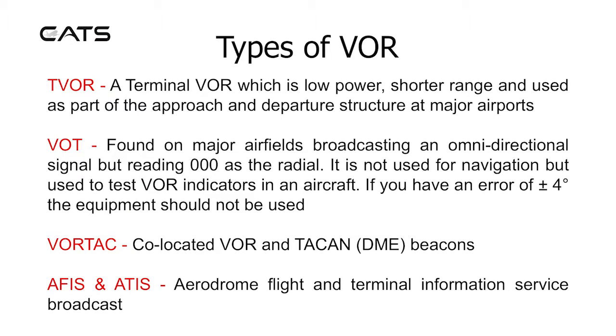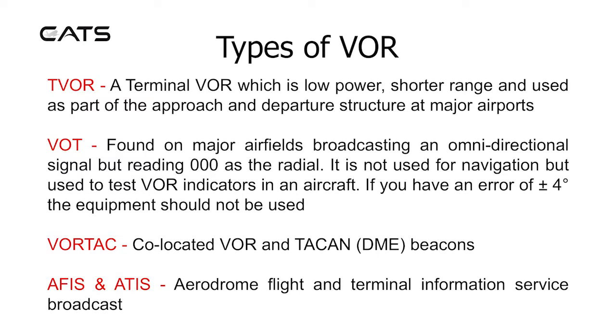A TVOR, a terminal VOR, is a low power, shorter range and used as part of the approach and departure structure at major airports. A VOT is a test VOR found on major airfields broadcasting an omnidirectional signal but reading 000 as the radial.